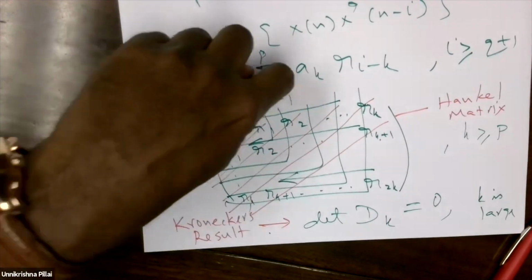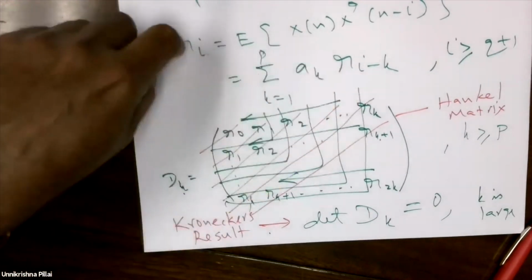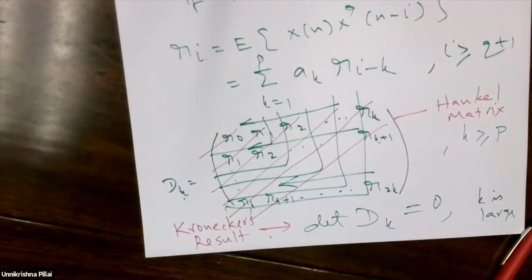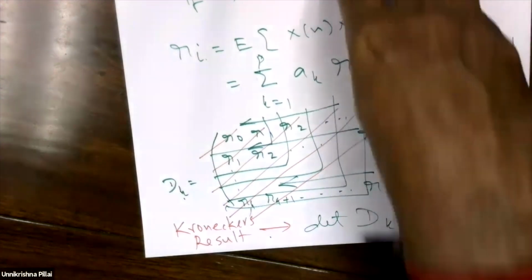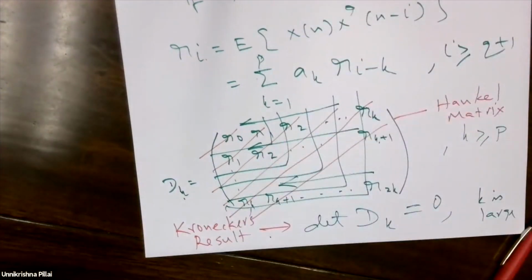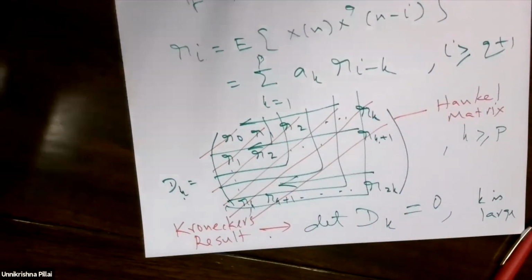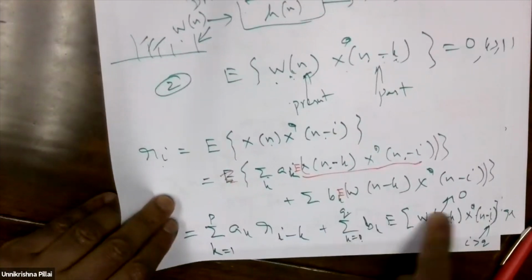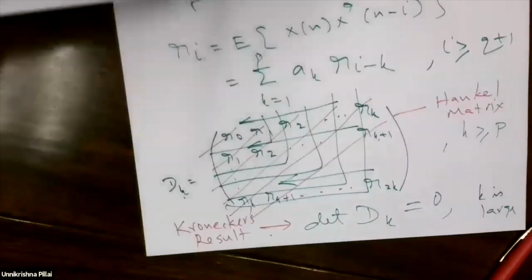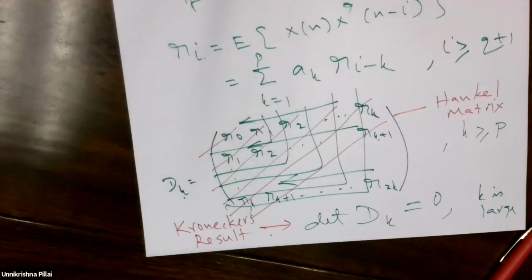Then you can use these equations. Once you know p, you can use these equations to compute the a_i, so suddenly you have all the denominator parameters. And then we missed a few equations there. You can use the previous equations. Remember, some of these equations will be non-zero. You can use them to compute the b_i and so on. So that's how we go in.